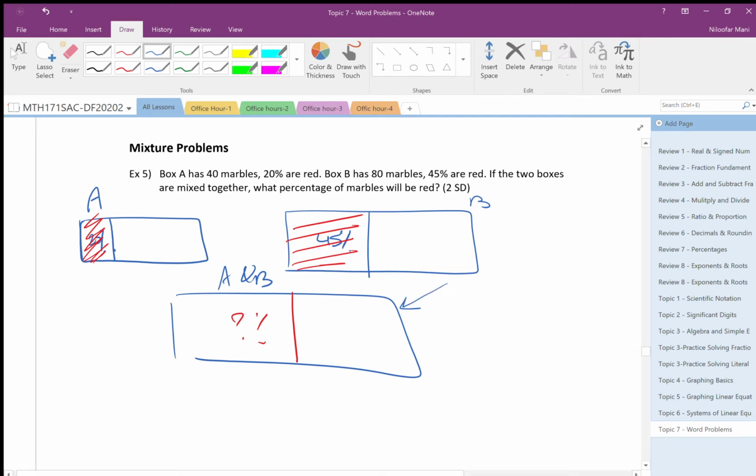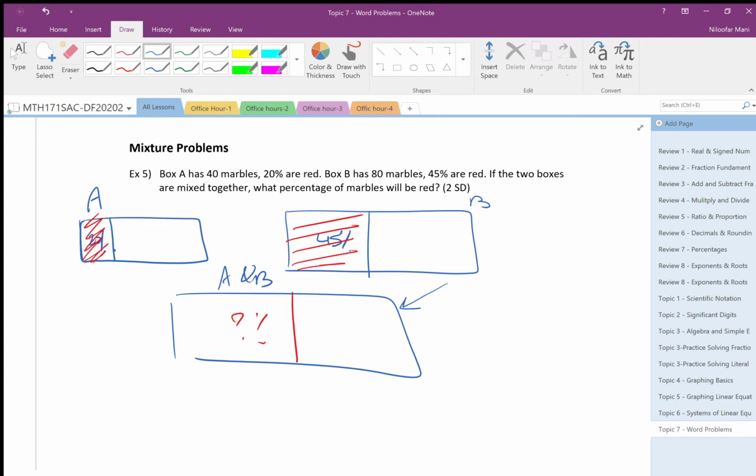So you have to ask how many marbles you have in total, how many red marbles you have inside. Do I know the total when I add them, or don't I? I have to consider all of these things.